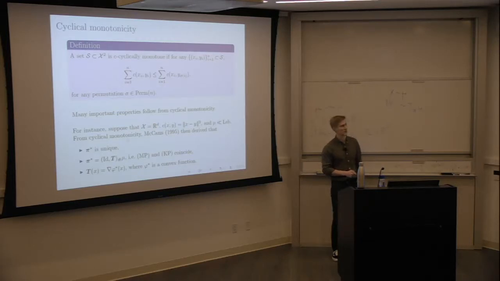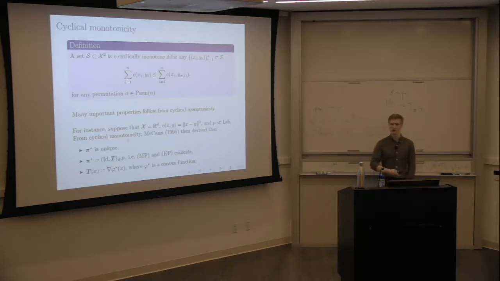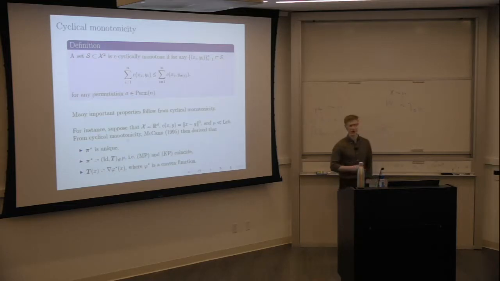You cannot permute the order of the y's in such a way that you reduce the cost. And this is over all permutations, sigma. And it's not clear how this connects to optimal transport at all, if you ask me, at least not from the surface. But it turns out that very many important properties follow from this property.